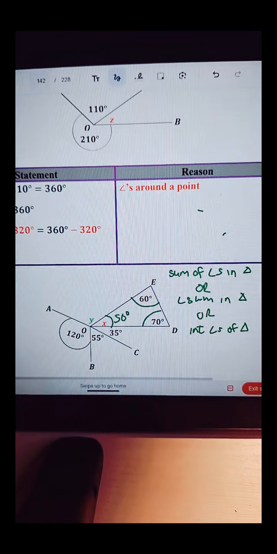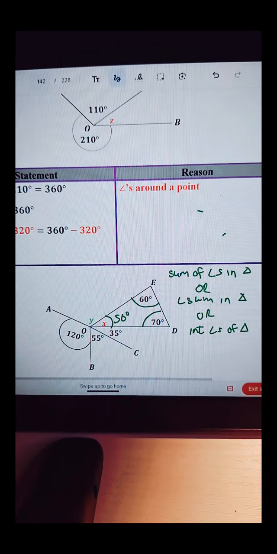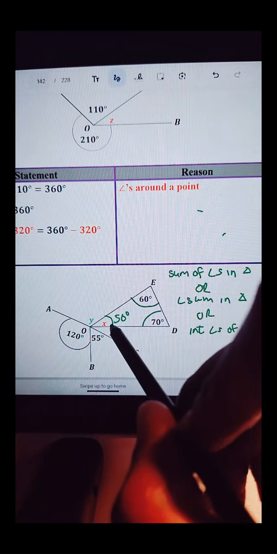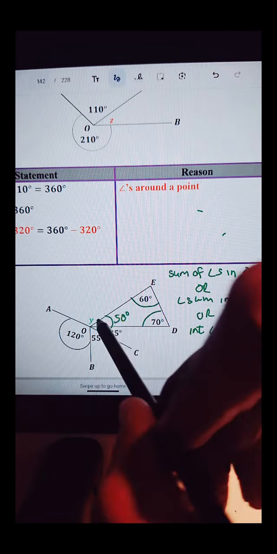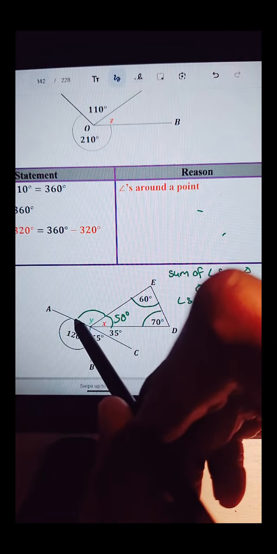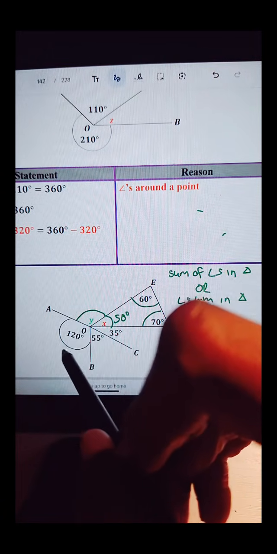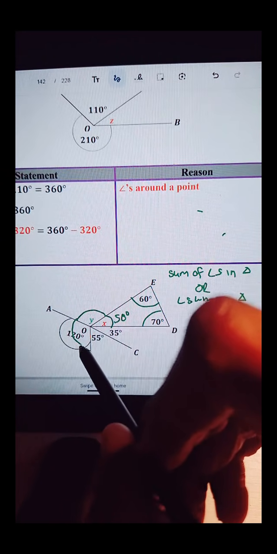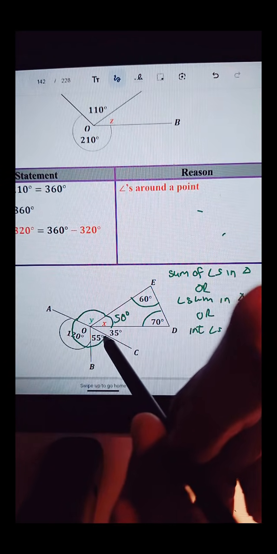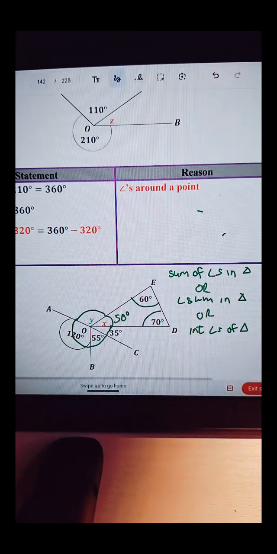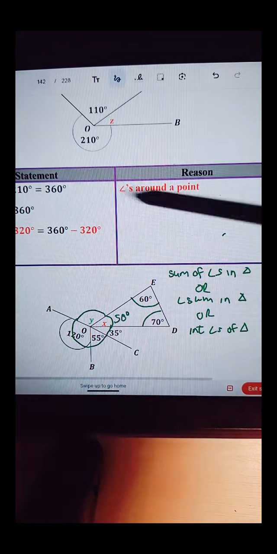And after you have that, what do you then do? You can see that there's a relationship. This x, which is 50, plus this x, plus 120, plus 50, plus the 35 brings you back to where you started with the 50 degrees. So that is a full circle.